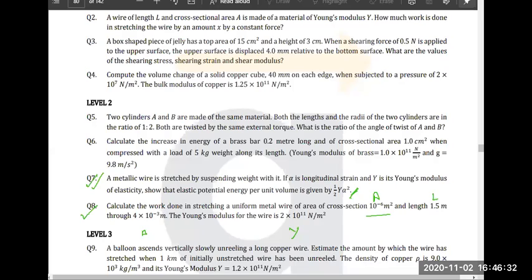Okay, so let's discuss the problems of this HC Verma. Wait, give me 1 minute. I'll just open up the problem of HC Verma. I don't know, Arjun, it might be that answer. You can just check in the module.